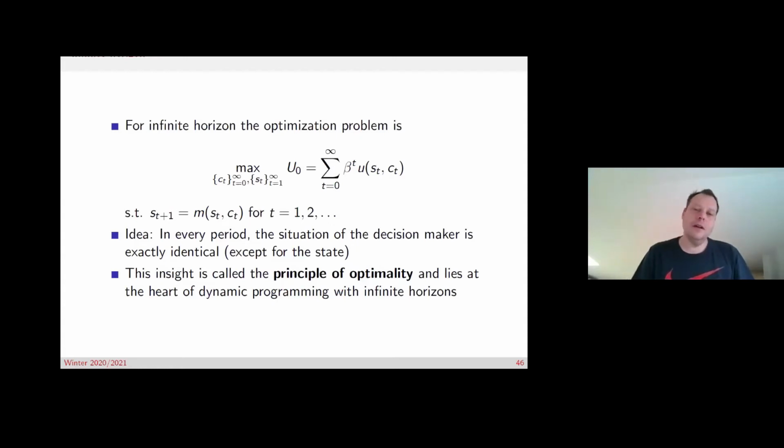So given that you are a decision maker and you could travel through time, and you follow the optimal path, and you think, would I change things given that the state that I'm in is the same as before? Then this should not change anymore. Obviously, if the state changes, well, then things are different, right?